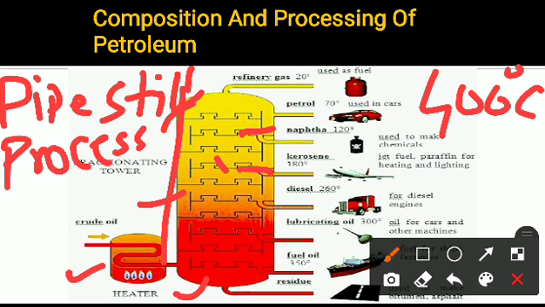Each tray is provided with a chimney with a cover, a loose tray cap. As the vapor goes up, what happens here? They become cooler and fractional condensation takes place at different heights of the fractionating column.